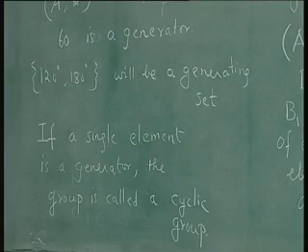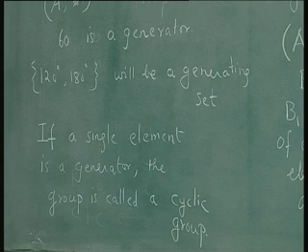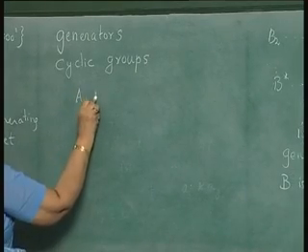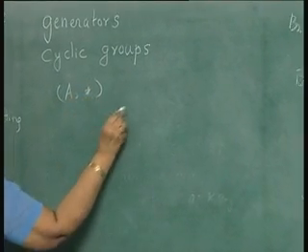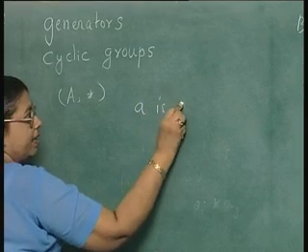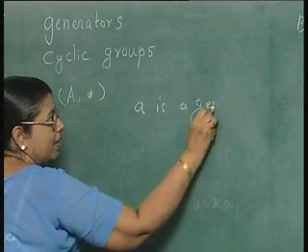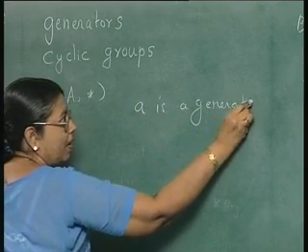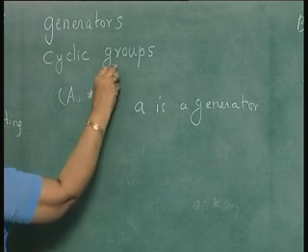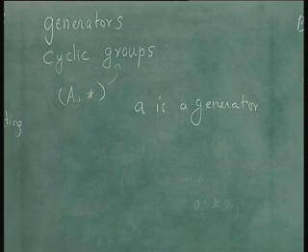So, in a cyclic group, suppose I have a group A star and A is a generator, it is a cyclic group and A is a generator.